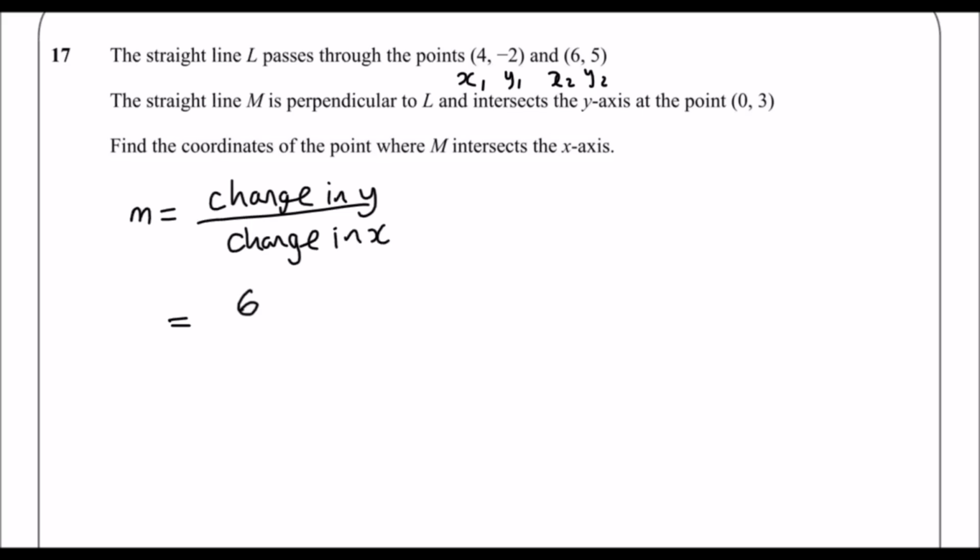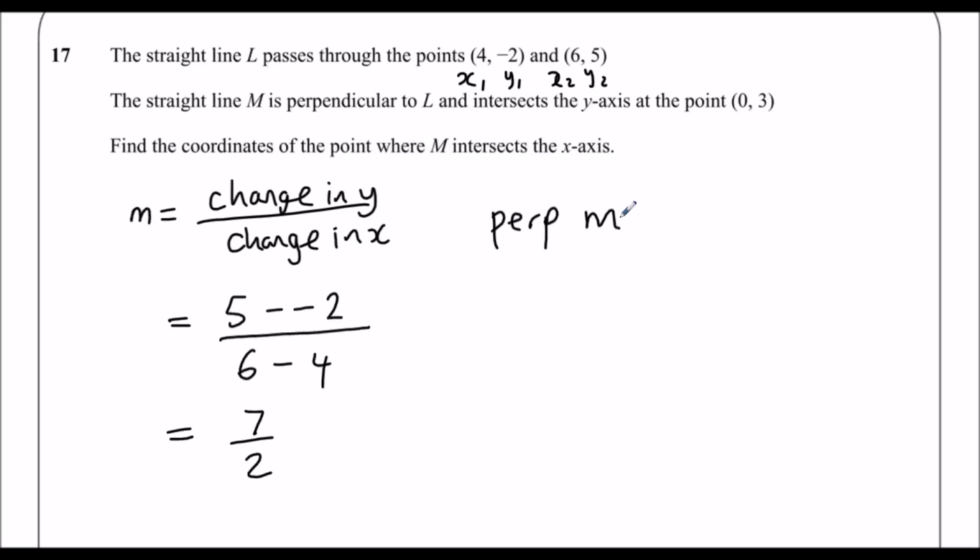So 5 minus minus 2 over 6 minus 4. 5 minus minus 2 is 7. 6 minus 4 is 2. So the gradient of L is 7 over 2. So the gradient of M, the perpendicular gradient, is the negative reciprocal: flip it and make it negative. So the perpendicular gradient is negative 2/7.